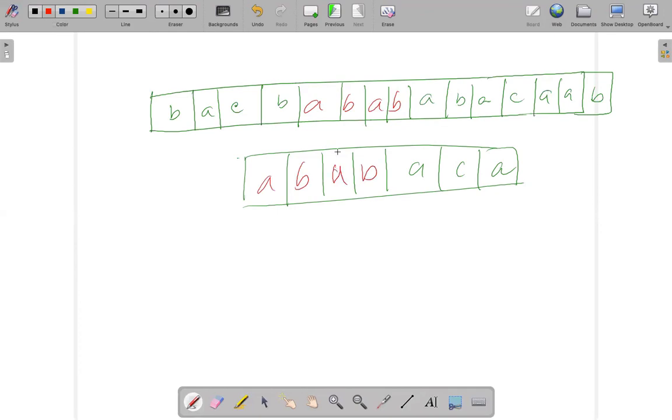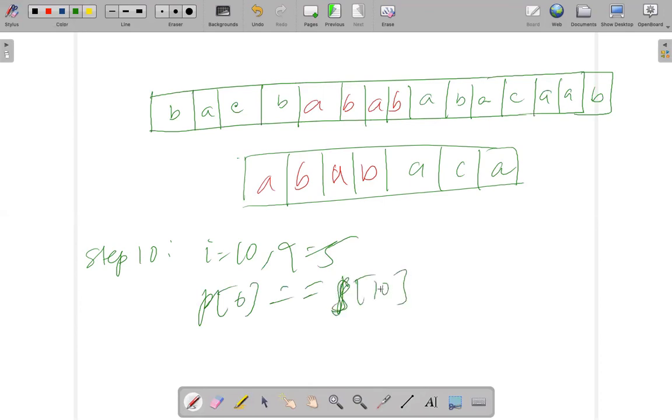So you see, we have got 4 places of match at this point. However, the unfortunate situation is at step 10, where I equals 10, Q equals 5, P6 is compared with S10, and this is not a match.